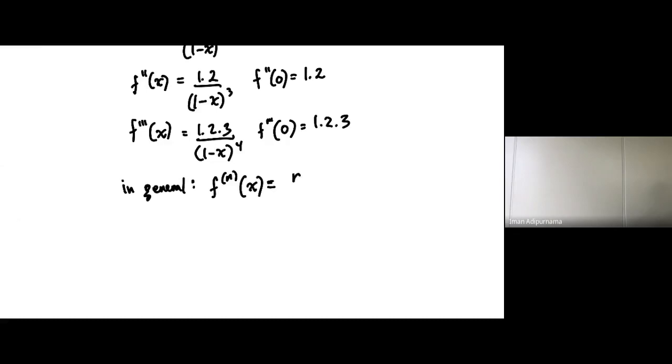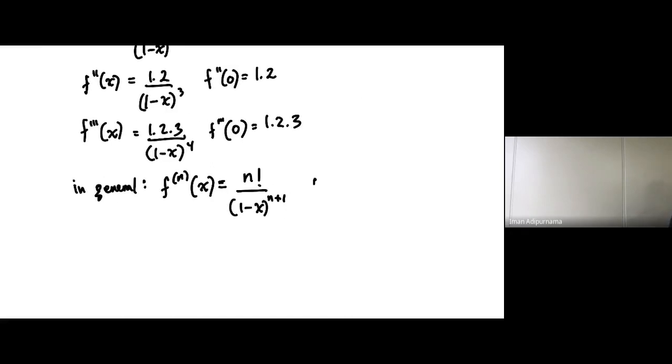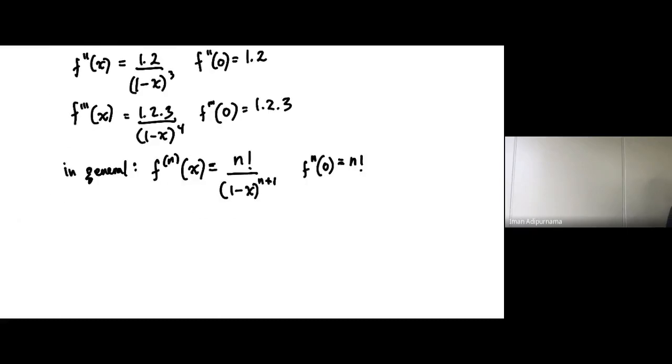So in general, we can see the pattern. This will be n factorial over (1 minus x) to the n plus 1. And if we put 0, it will be just n factorial.